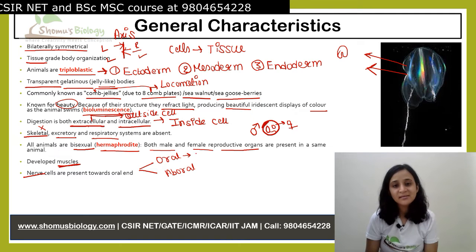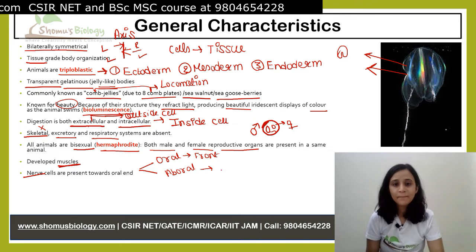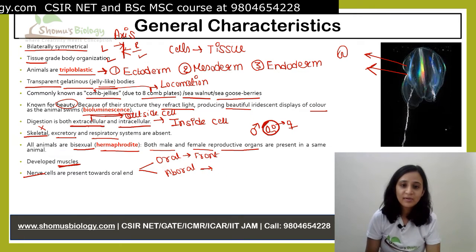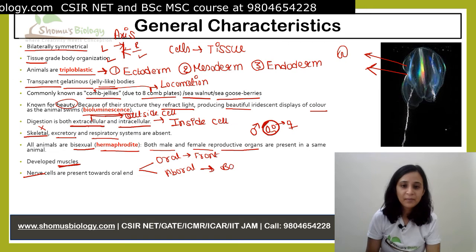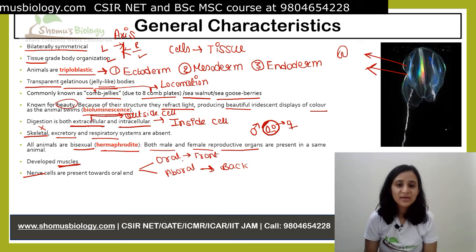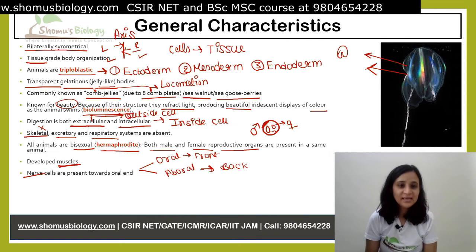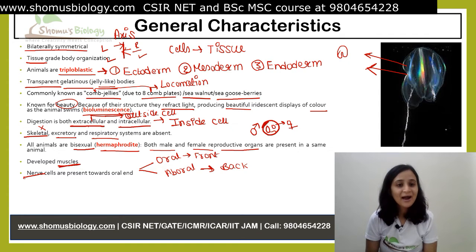Oral is the front part and aboral is the back part of the body. So in the oral or front part of the body, they have some nerve cells.